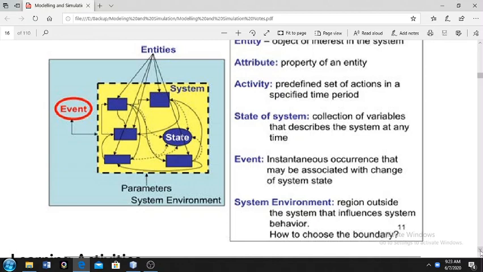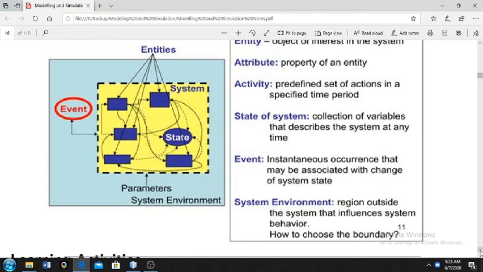For example, a state of the entity student can be applicant, and then admitted student. That's another state, and then you become a registered student, and then you become a graduate student. So we move from one state to another.